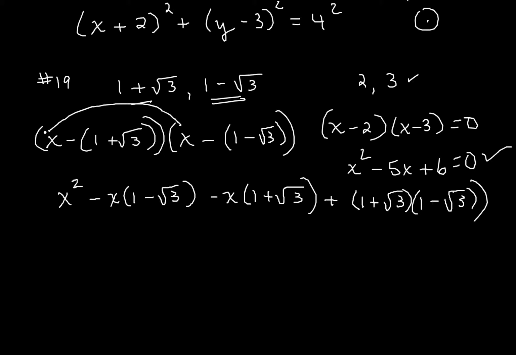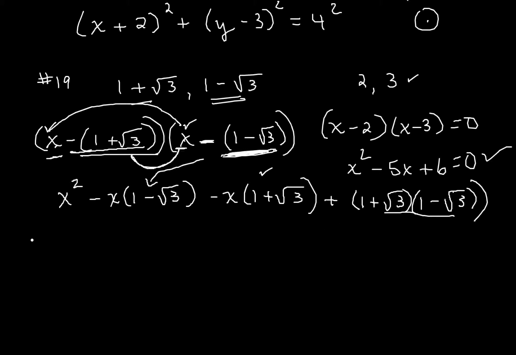First, outer would be these two guys, and that gives you this. Inner gives us this guy. And then our last is the parenthesis times the parenthesis, which gives us this.